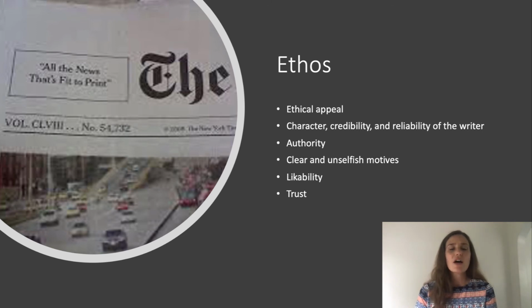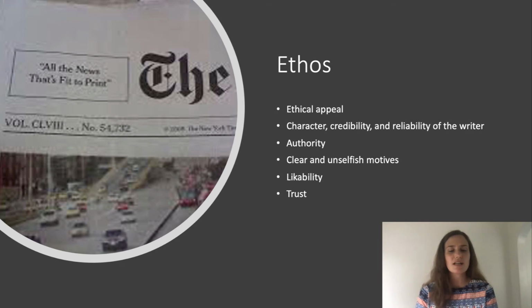When the writer talks about personal experience, if that personal experience has to do with what the writer is talking about or what the writer is arguing, they have their own firsthand experience, that can help establish the writer's credibility and reliability. So it kind of depends on your audience and what type of text you're writing or what type of text you're analyzing.